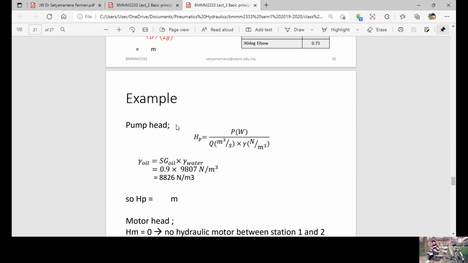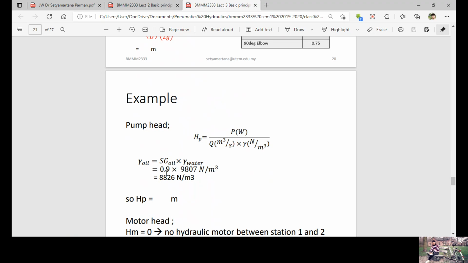So now for the head pump, we have this equation: SP equal to P over Q times gamma. We can calculate gamma oil first. Gamma oil is the specific gravity of oil multiplied with gamma water.